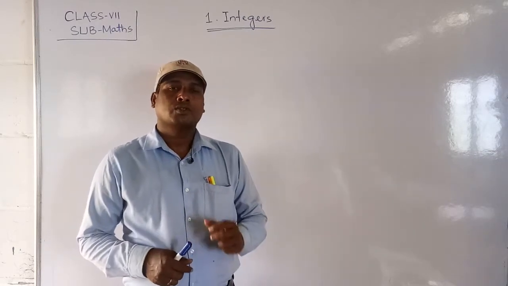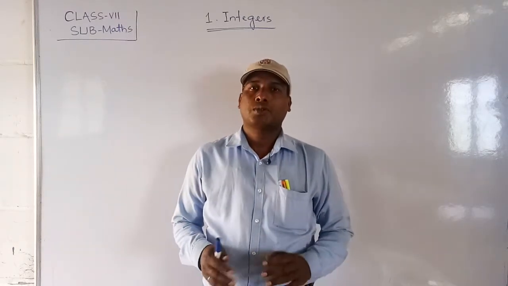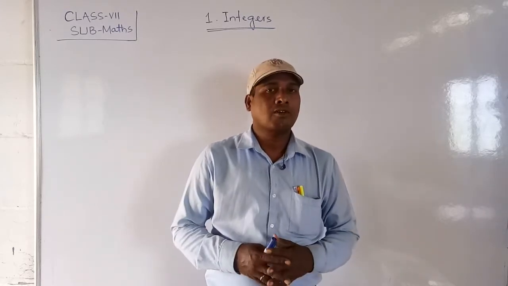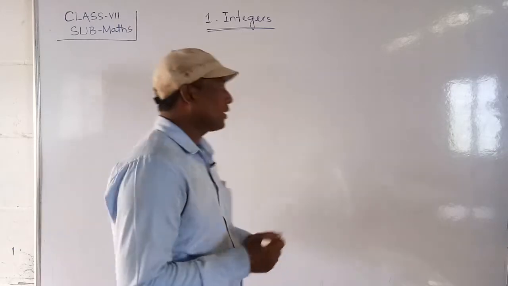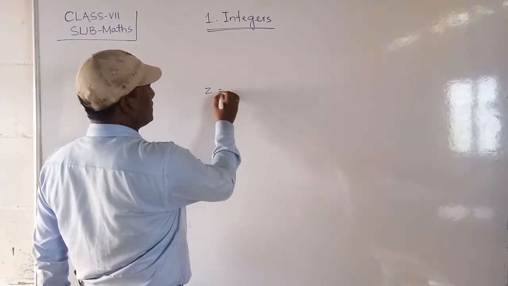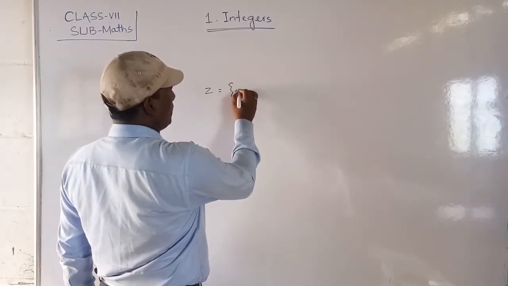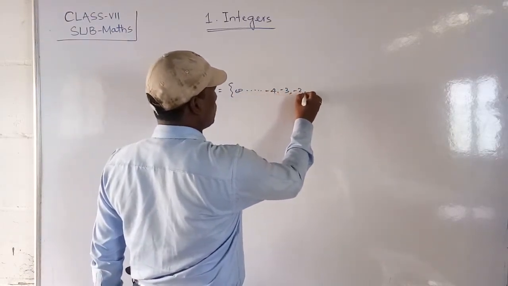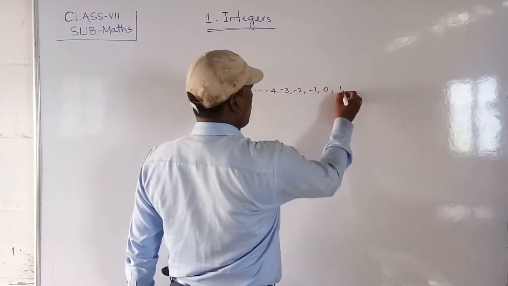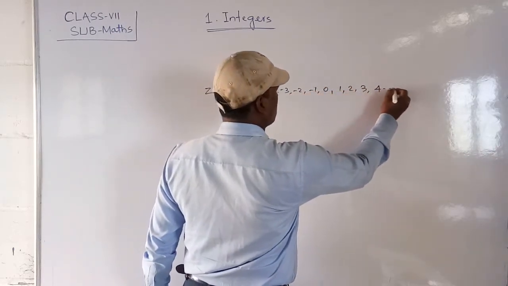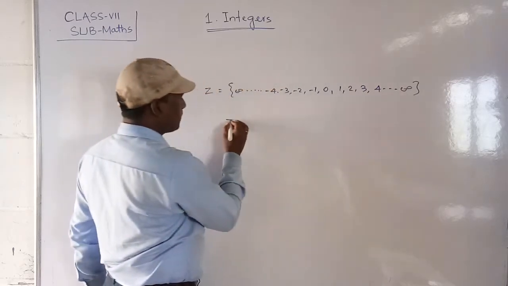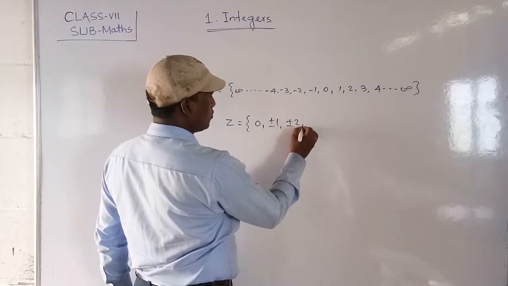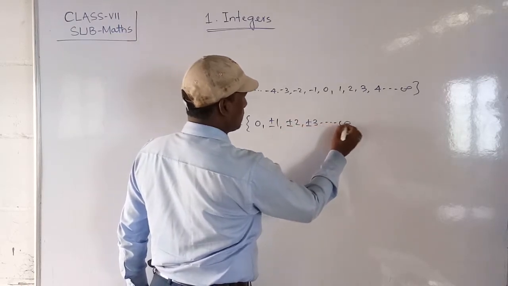Okay students, what are integers? I have already told you that positive numbers and negative numbers including 0 are called integers. It is represented by Z, and Z is equal to dot dot dot -4, -3, -2, -1, 0, 1, 2, 3, 4 and so on. We can also write it this way: plus or minus 1, plus or minus 2, plus or minus 3, and so on.